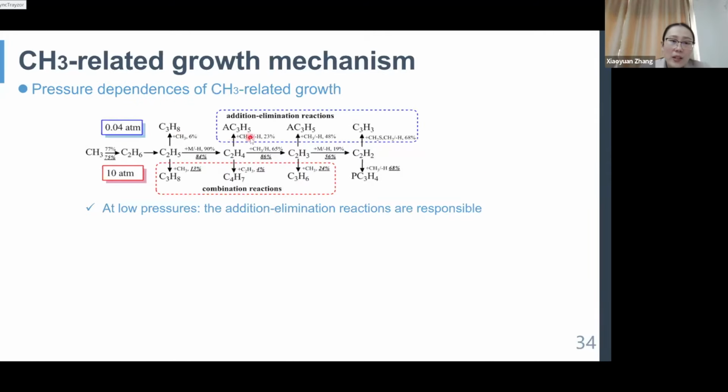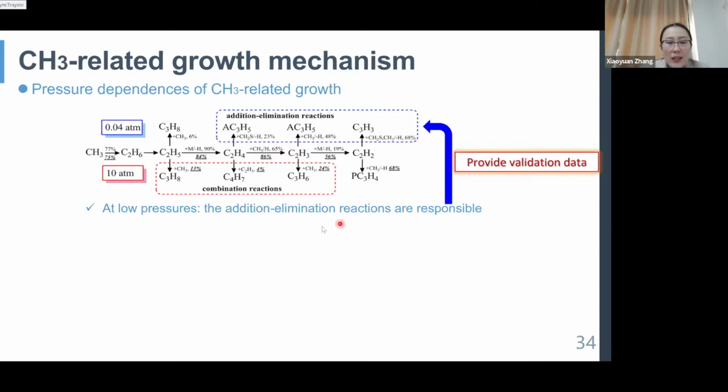So based on the present model, we can use it to review the pressure dependencies of methyl group chemistry. At low pressures, we found that these addition-elimination reactions dominate the methyl-related groups.